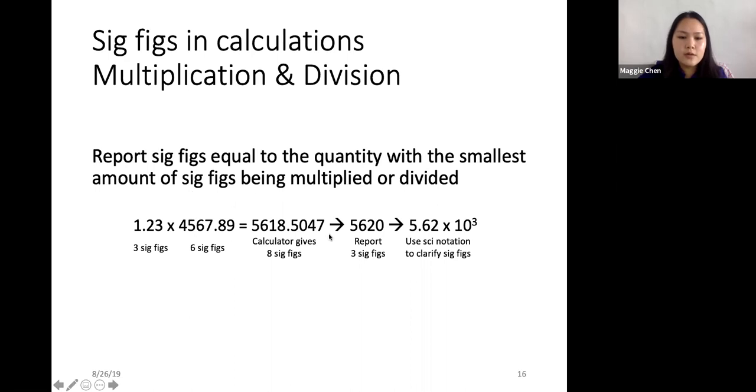Our calculator would give us 8 sig figs when we multiply them together, and we would want to round this to our initial lowest amount of sig figs, our 3 sig figs. So we would rewrite that as 5,620. But to make that even clearer, we can also use scientific notation and rewrite this as 5.62 times 10 to the 3. Scientific notation would clarify sig figs for us and also make it easier to use later on too.